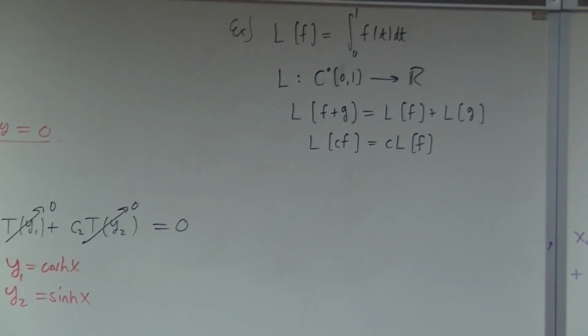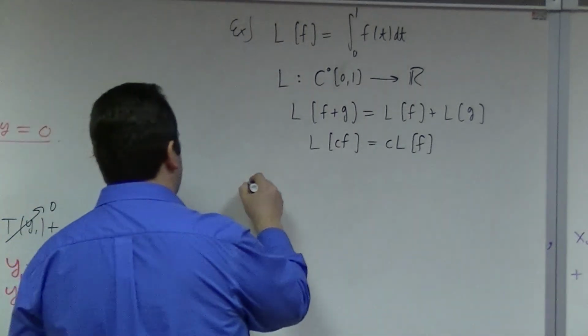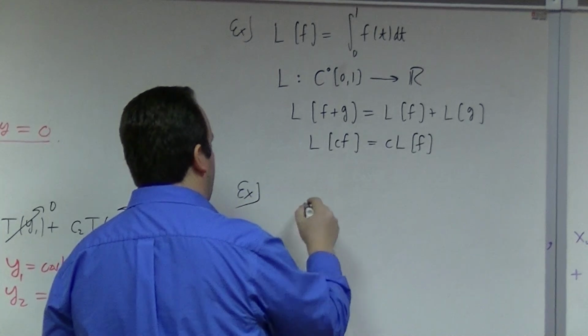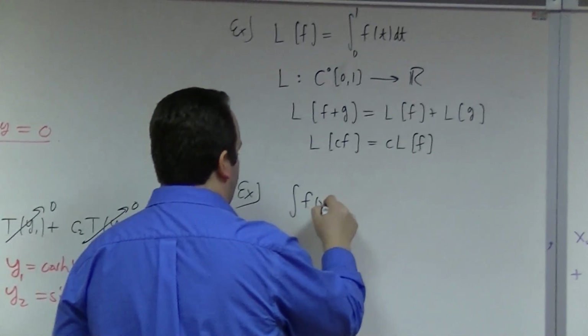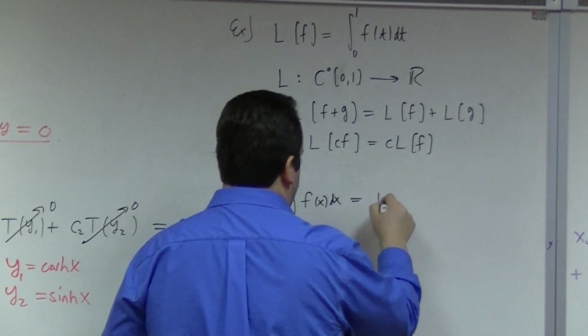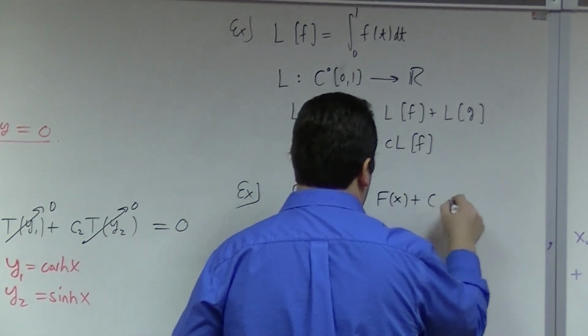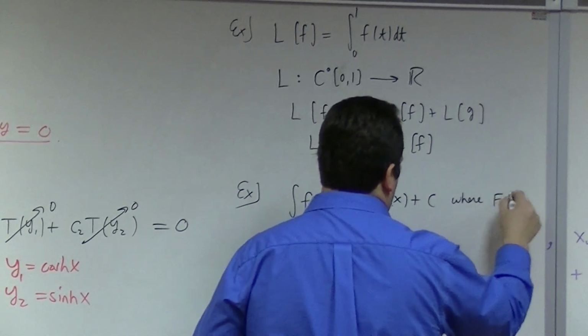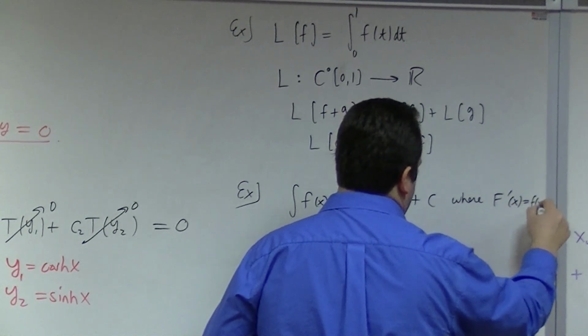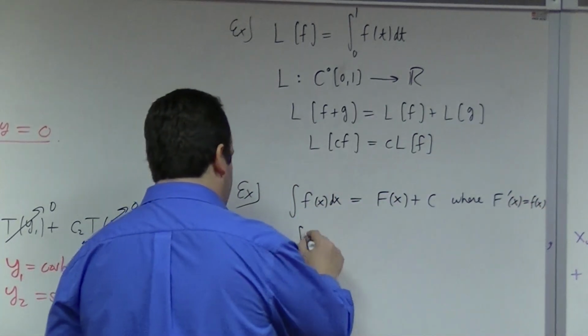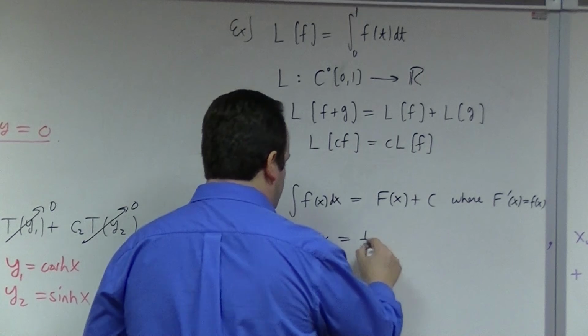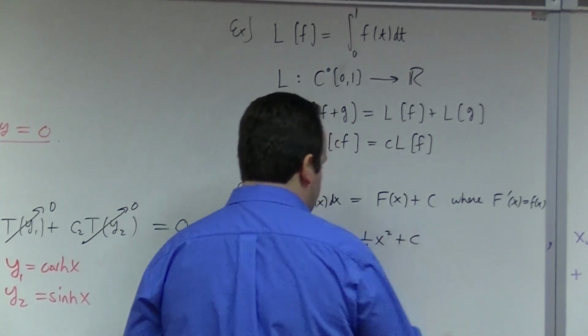Did you guys think about this? What's the integral of f of x dx? It's equal to F of x plus c, where F prime of x is equal to f of x. That's the indefinite integral. For example, the integral of x dx is equal to 1/2 x squared plus c.